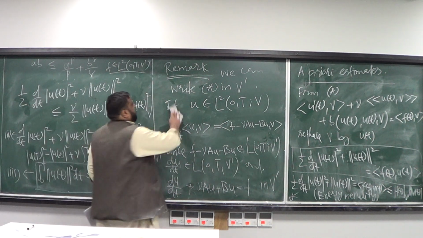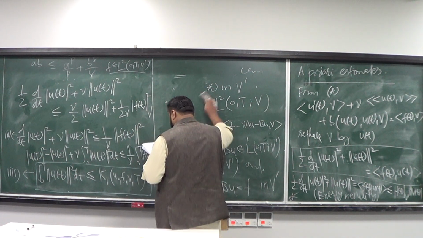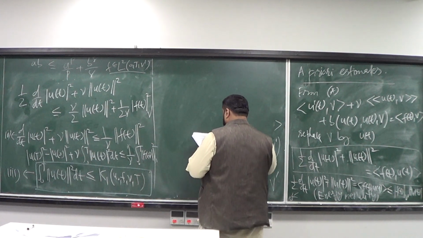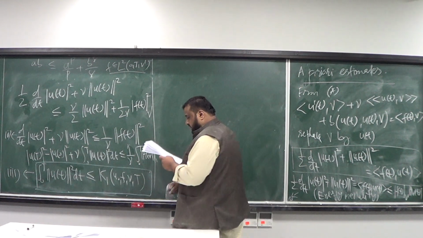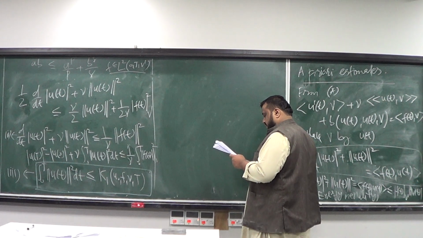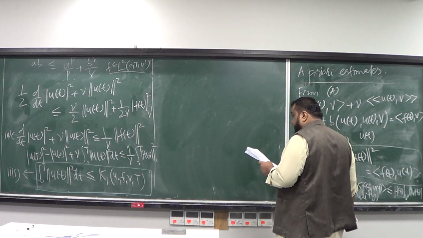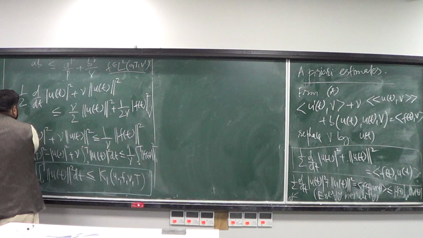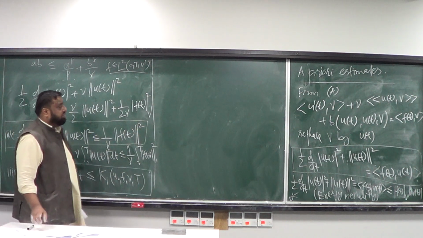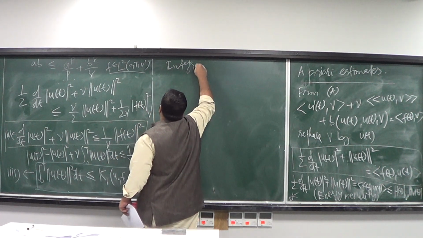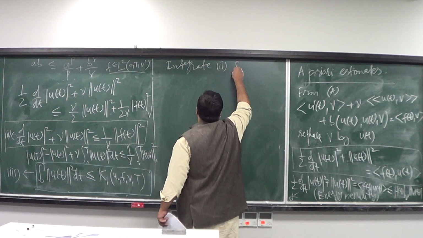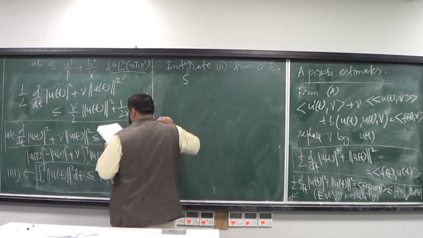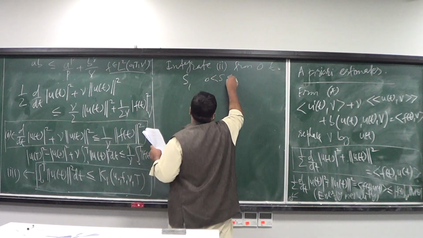Okay, what is the next thing? Now let's integrate the same inequality, inequality number 2, not from 0 to t but from 0 to s, where s is a number in the interval 0 to t.